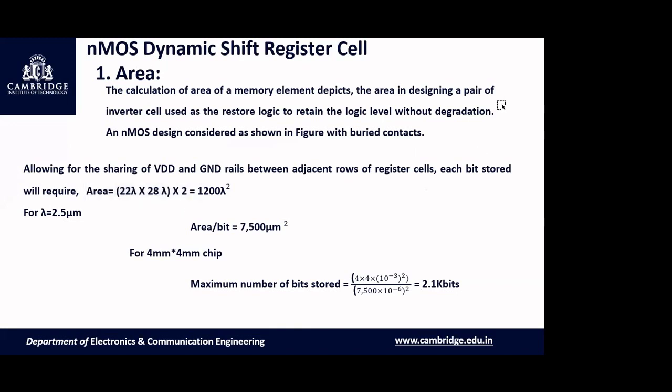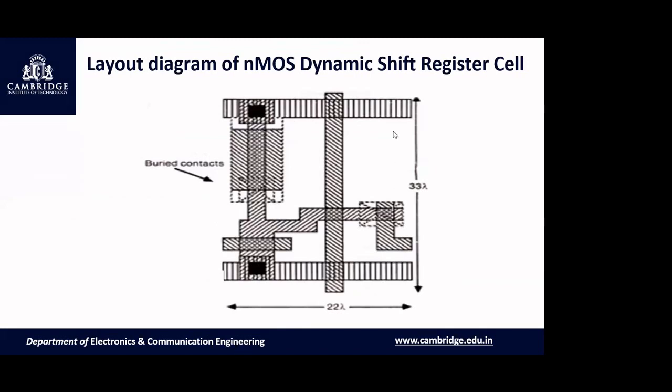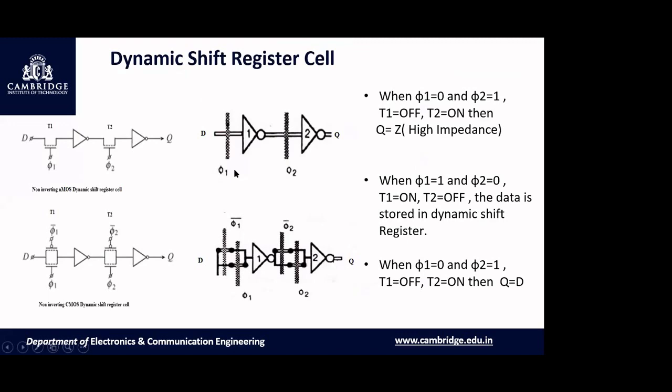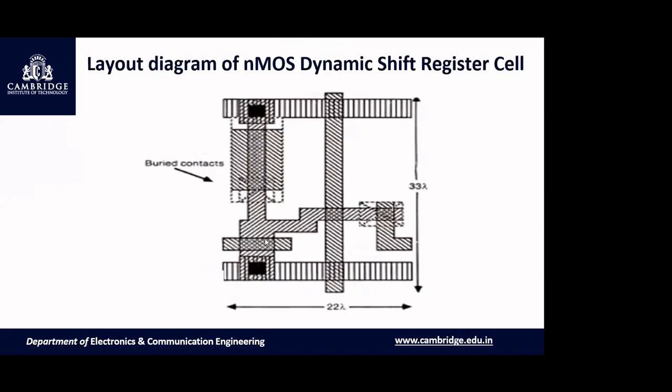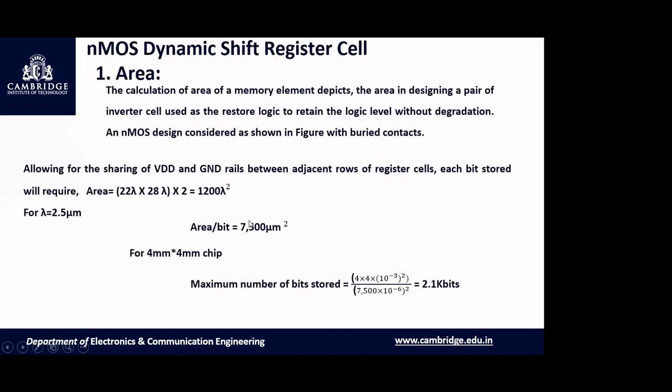Getting it? Here I had considered only half: 1 inverter and 1 pass transistor. If you take the non-inverting cell, 2 pass transistors and 2 inverters will be there. So for 1 inverter and 1 pass transistor, we got the area 22 lambda by 28 lambda. We'll multiply by 2 so that you'll get about 1200 lambda square.